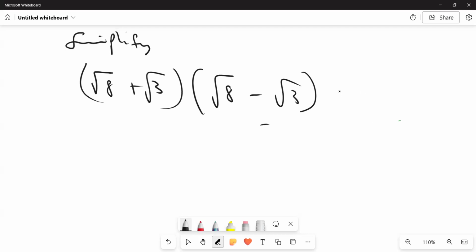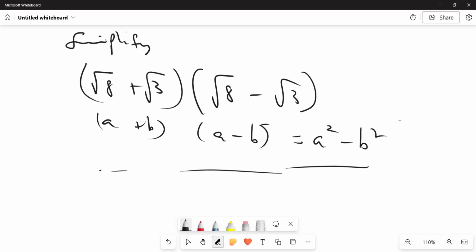You can recognize this to be a plus b multiplied by a minus b, which is a square minus b square.